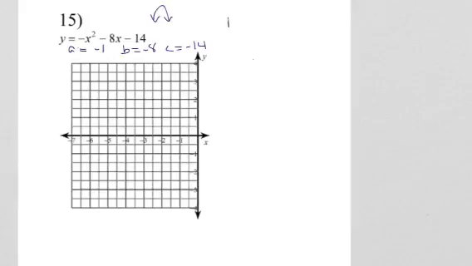All right, now my first step is to find the axis of symmetry, which is to simply use the formula x equals -b over 2a. So in this problem, -b is the negative of -8, and 2a is 2 times -1.